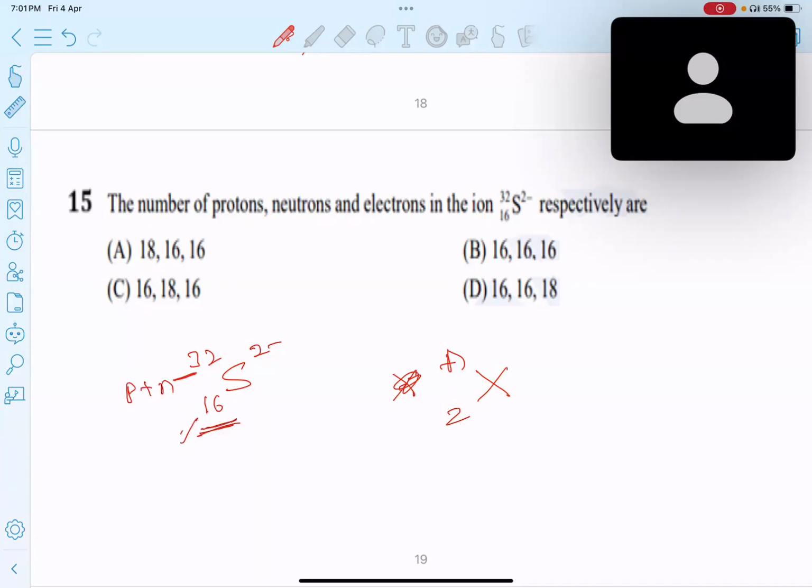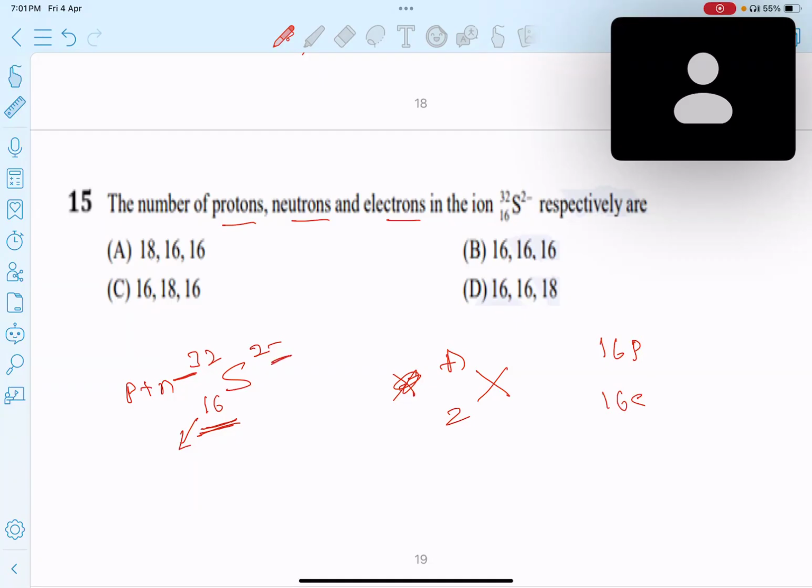The atomic number is equal to the number of protons or number of electrons. So here first calculate protons, neutrons and electrons. The atomic number is 16. It means this contains 16 protons, 16 electrons. But the given species is an ion with 2 units of negative charge.